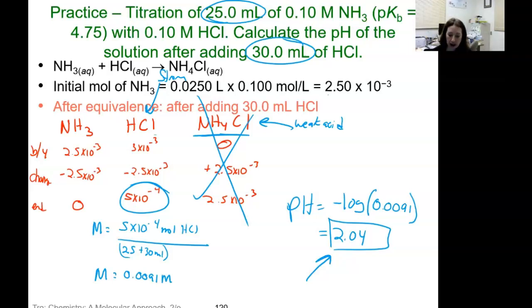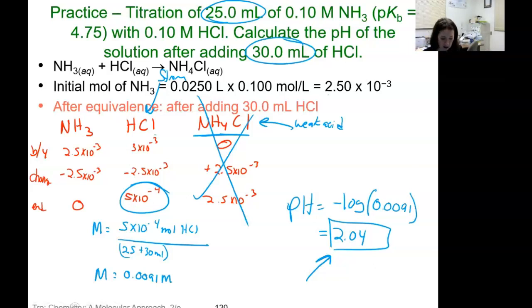Why did we ignore this weak acid? Because when we mix a strong acid with a weak acid, we only need to consider the strong acid. The weak acid's contribution to the pH is negligible. It's beyond our significant figure, so we don't even consider it.